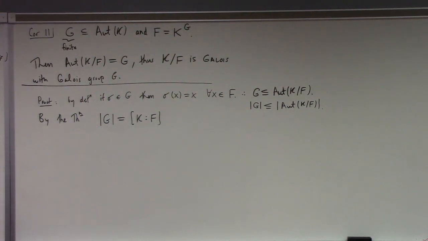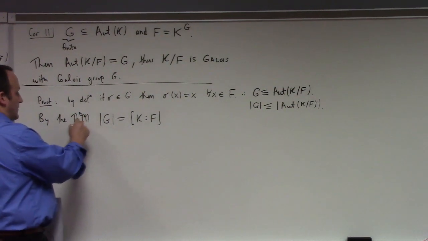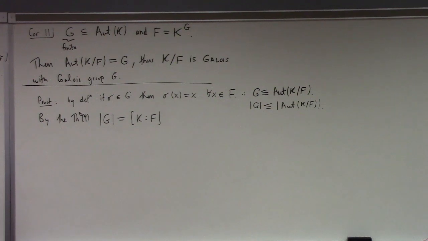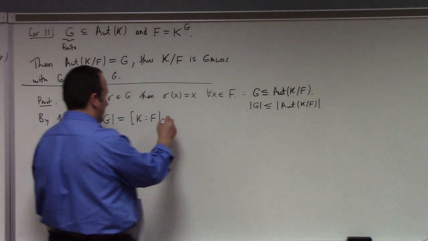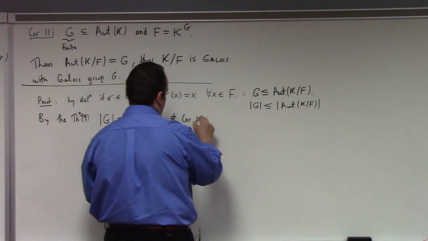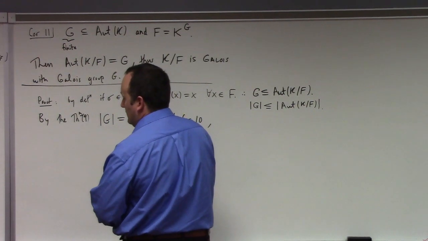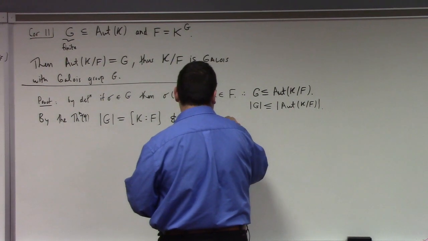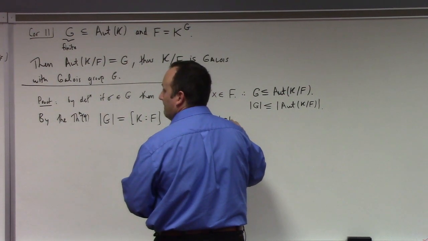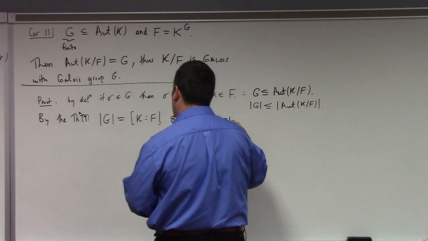Theorem 9, right. So by Theorem 9, and what else? And Corollary 10, what do we get? We have that the size of G is what?